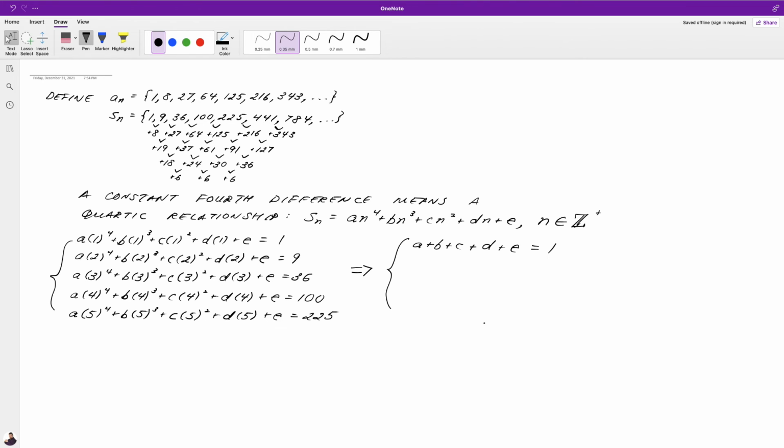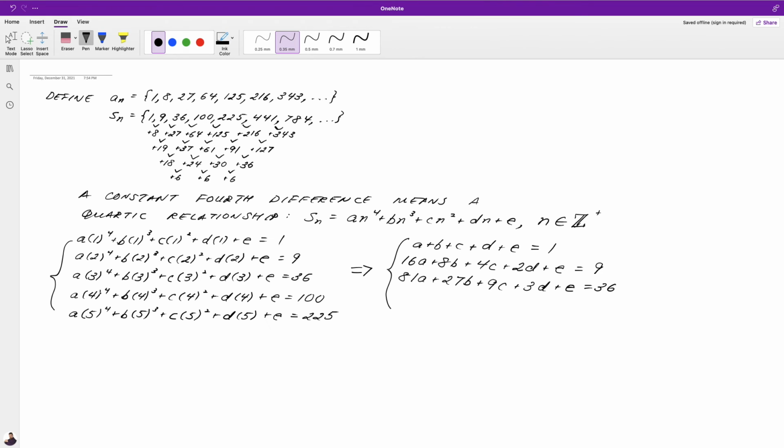Okay. 2 to the power 4 is 16. So we've got 16a plus 8b plus 4c plus 2d plus e is equal to 9. Okay, 3 to the power 4 is 81. So we've got 81a plus 27b plus 9c plus 3d plus e is equal to 36.